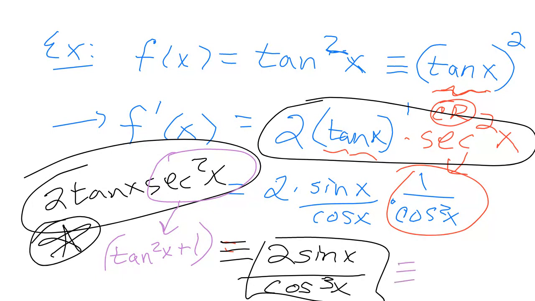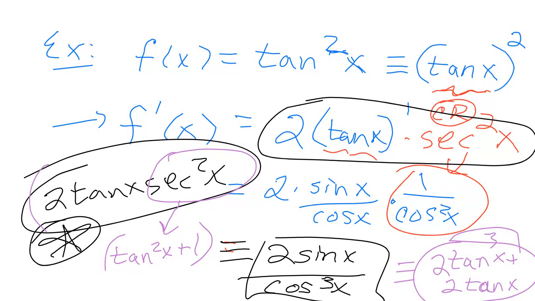Another equivalent answer that I'm going to use purple for would be 2 tangent cubed x plus 2 tangent x. Everybody see how I got that one? You just multiply 2 tangent x through times tangent squared and then times the plus 1.